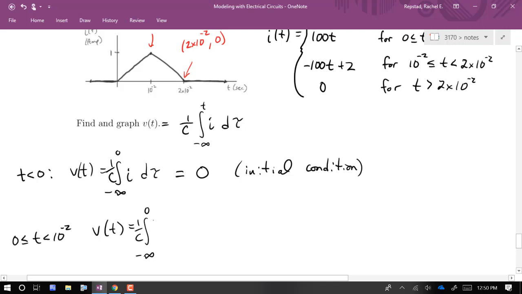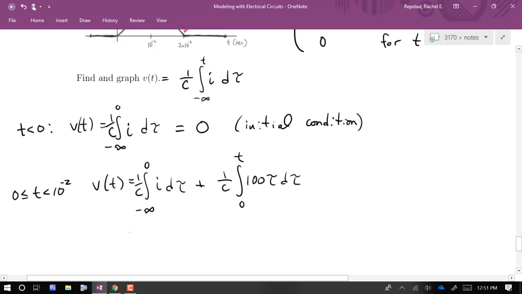Of current plus, let's see, this would be the integral from 0 to t, 100 tau d tau. This first part is 0.